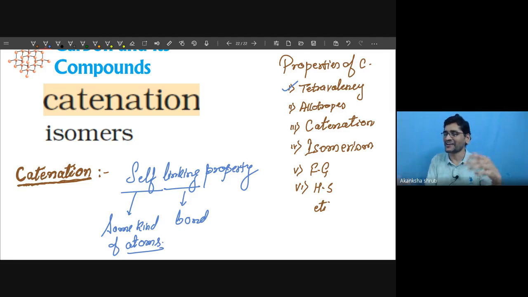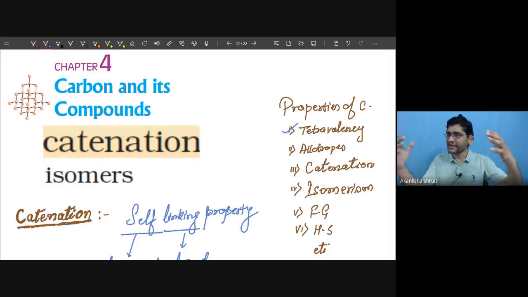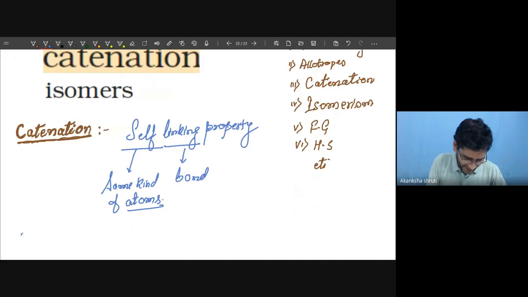So one atom cannot form a bond with itself. But this self-linking indicates that atoms of the same kind are linked together, meaning bonding of same kind of atoms.